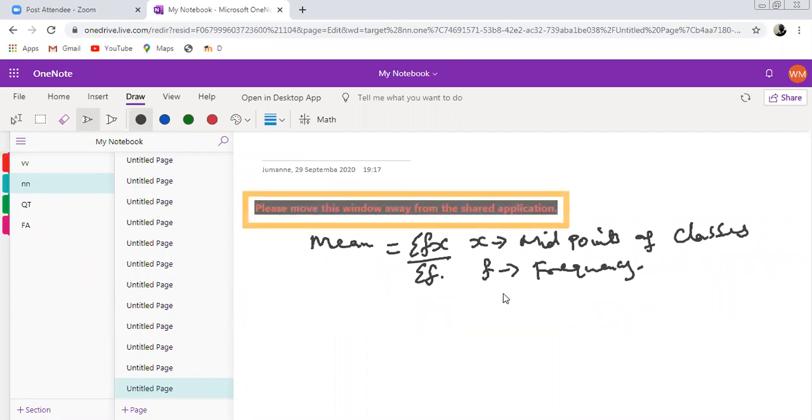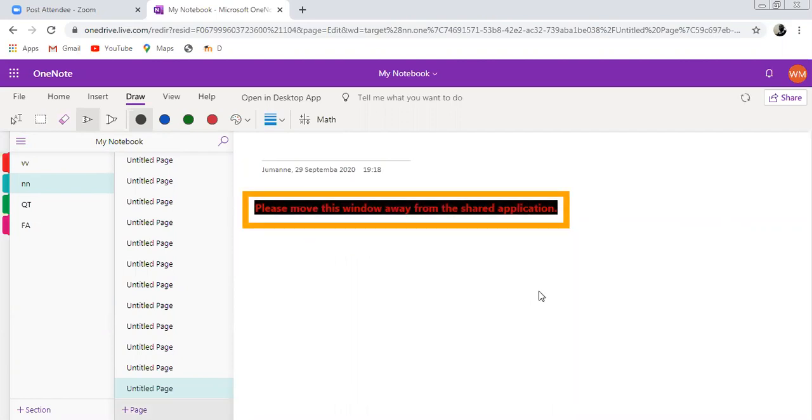So let us have an example. You can be told the performance of students in a class was recorded as follows. So we have the marks here, and we have the number of students.